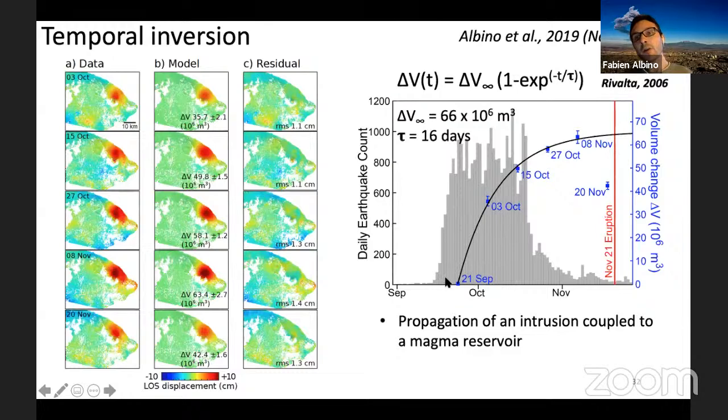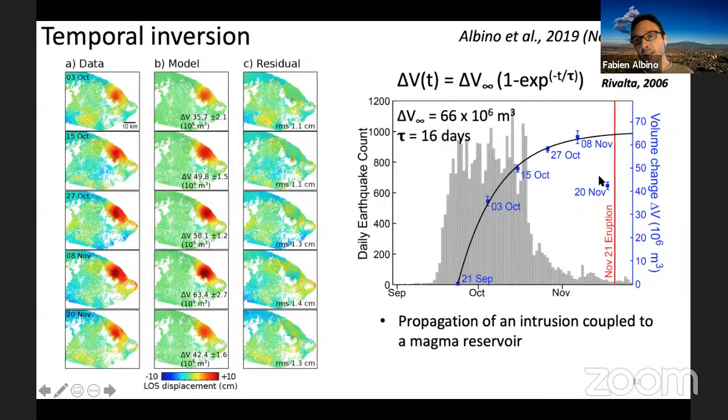So at the same time that you have this high increase of seismicity in this plateau, you have an emplacement of a dike with a large volume increase. And then when the seismicity dies out and the number of events dramatically decreases, you reach kind of a plateau and an asymptotic limit here.